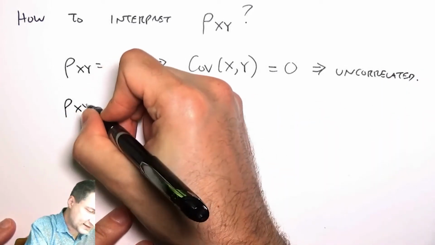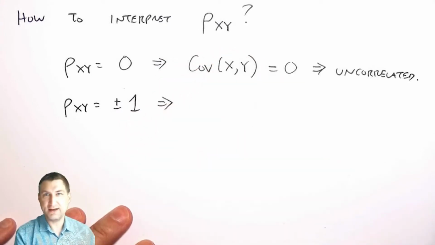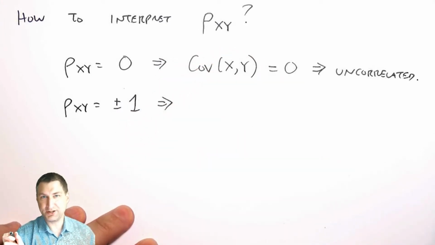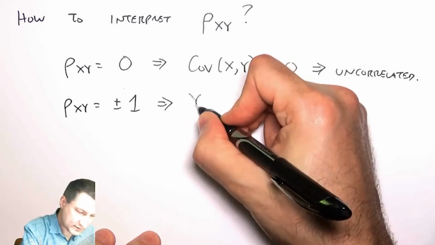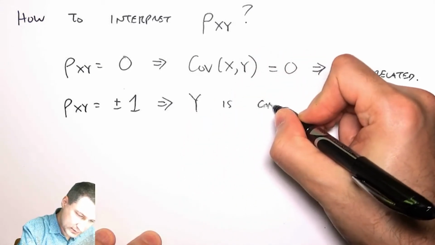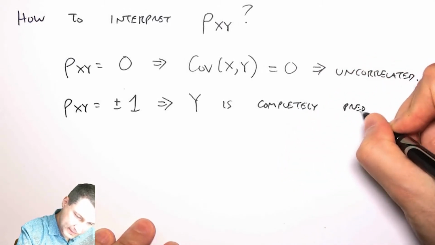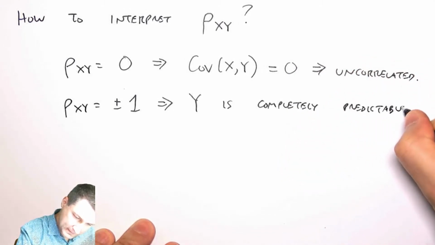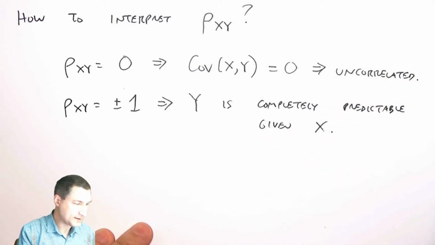If I get exactly 1, either plus or minus 1, that means that y is completely predictable given x, right? If I tell you x, there's zero randomness in y. There's no uncertainty there at all, right?